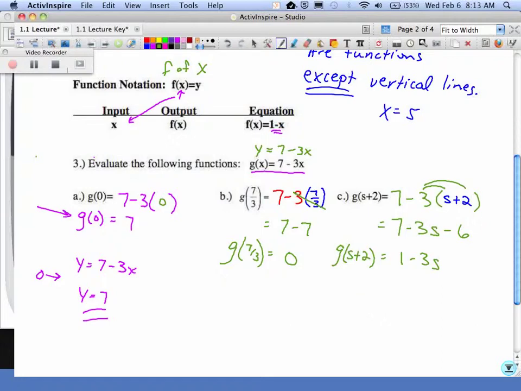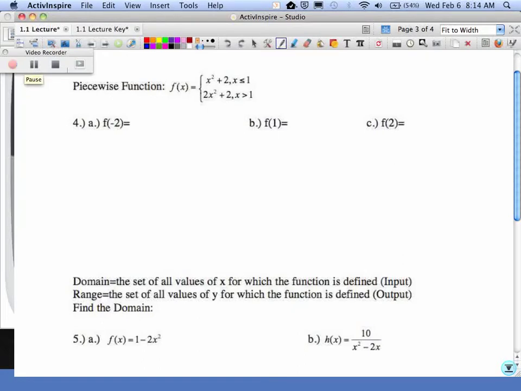Piecewise function. So I'm going to have you take negative 2 as your input and put it into the function, okay? There's x squared plus 2, and there's 2x squared plus 2.